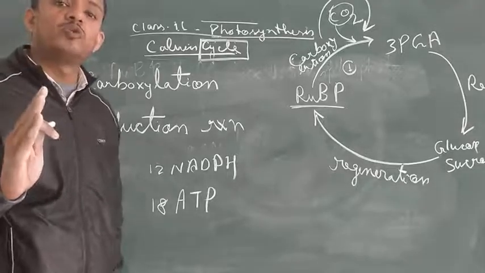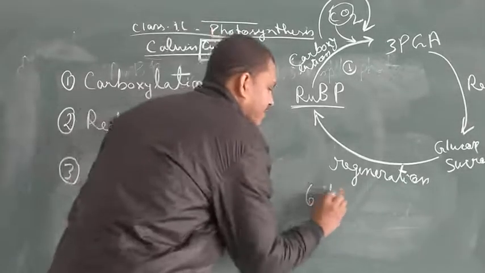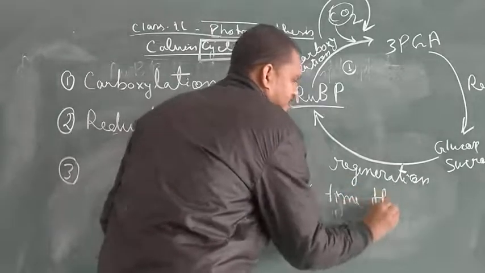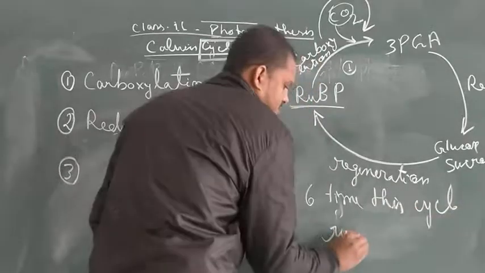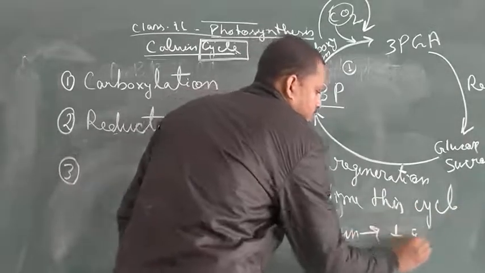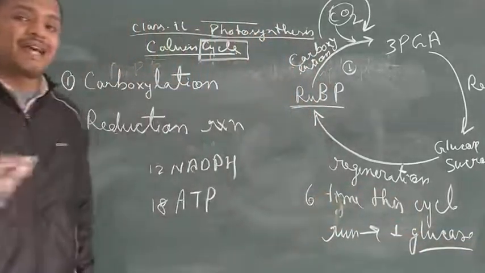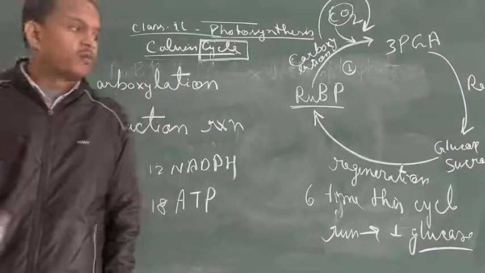So how many molecules have we taken in the reaction? 6. So this cycle will run 6 times to produce one glucose. In 6 times, acceptance of the carbon dioxide is going to give you one glucose.